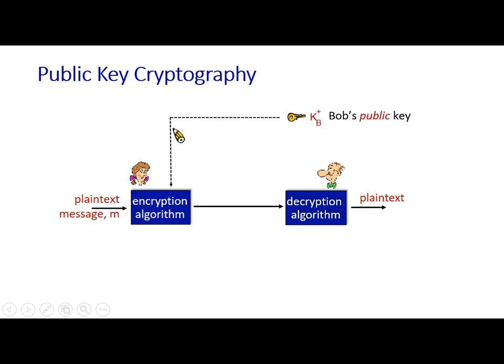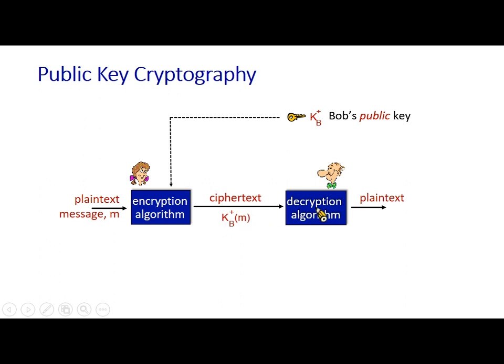Bob sends his public key, KB plus, to Alice. Alice uses Bob's public key to encrypt the plain text message, producing the ciphertext KB plus of M, and sends it to Bob.